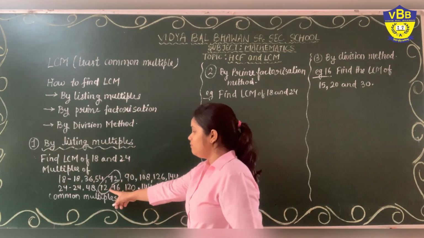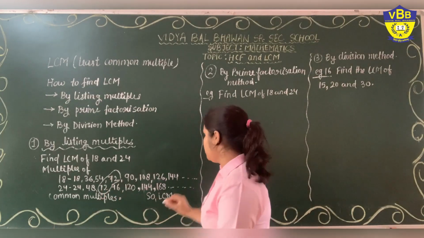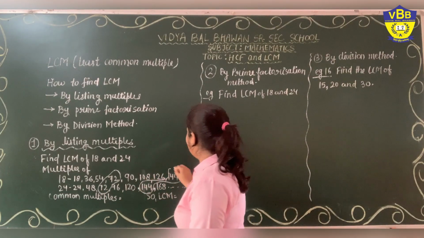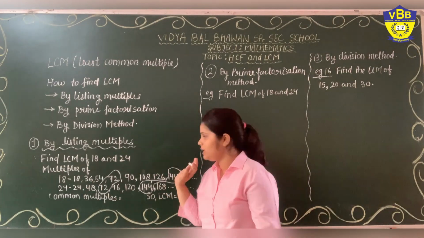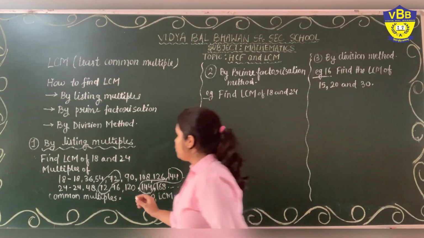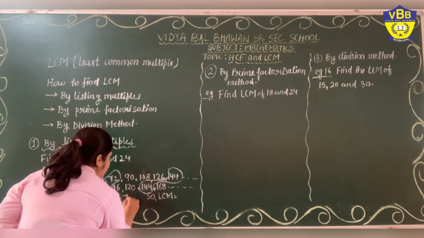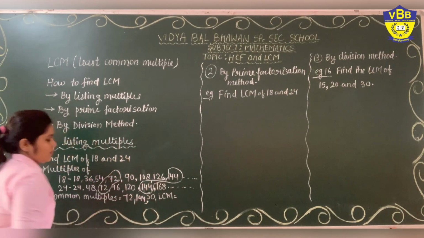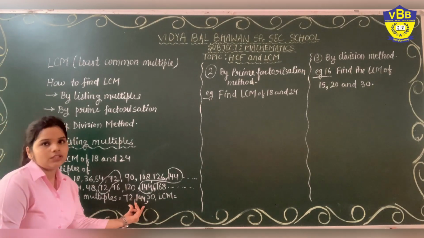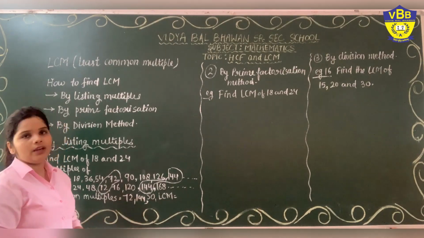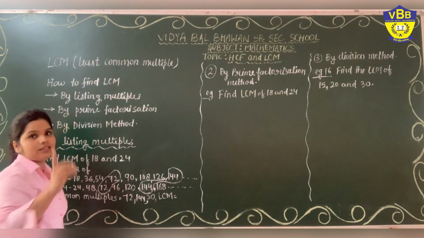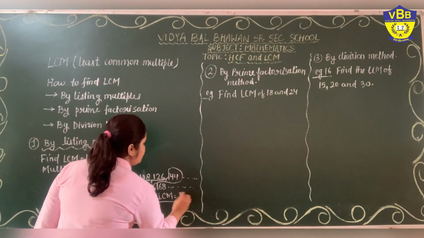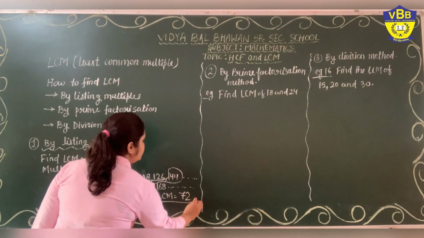The first common multiple is 72. After that, it is 144, and we can find more common multiples. So, the common multiples are 72, 144, and so on. Out of these, 72 and 144, the least, the smallest one, is 72. So, LCM will be 72.